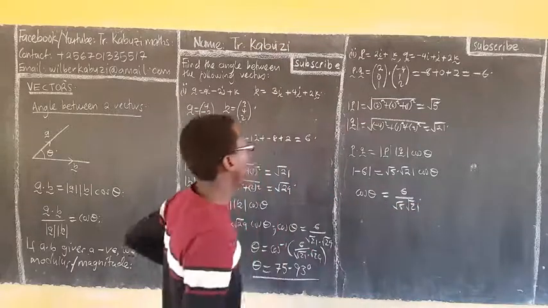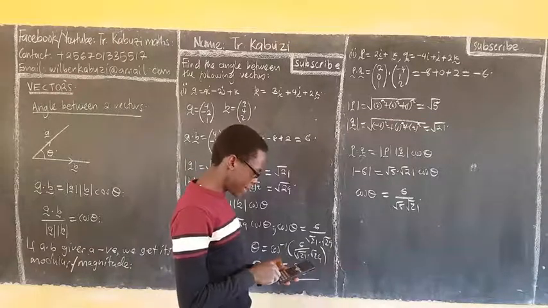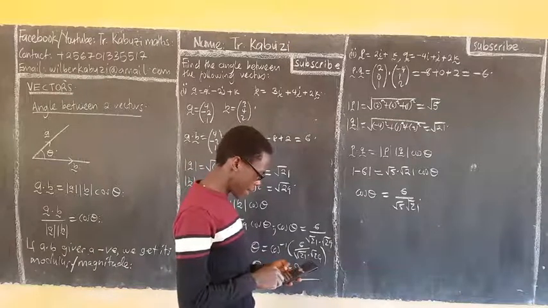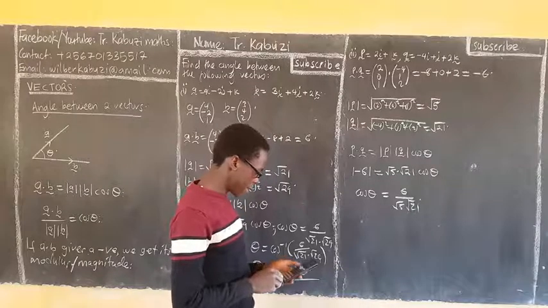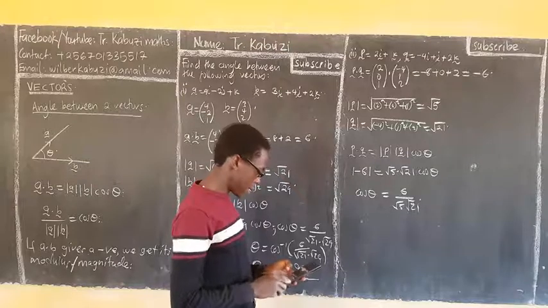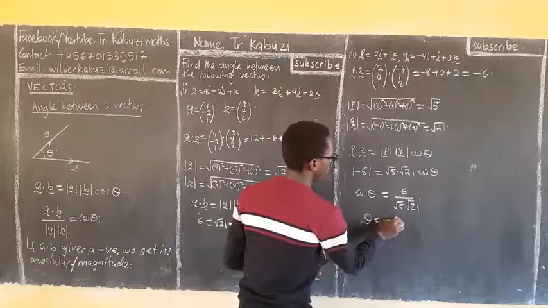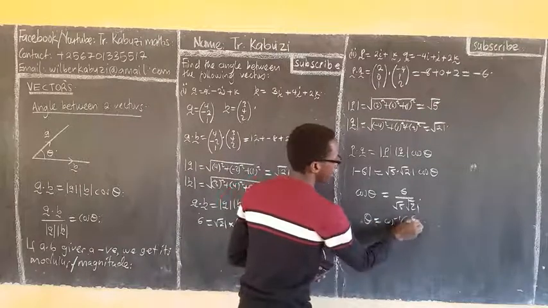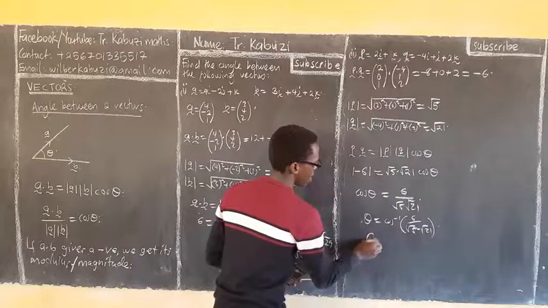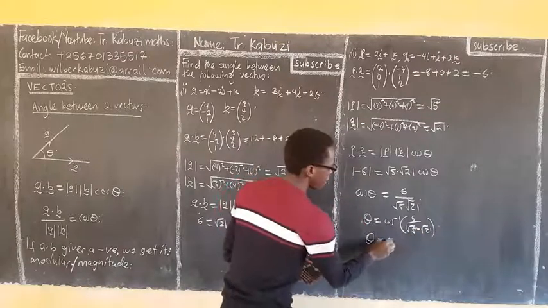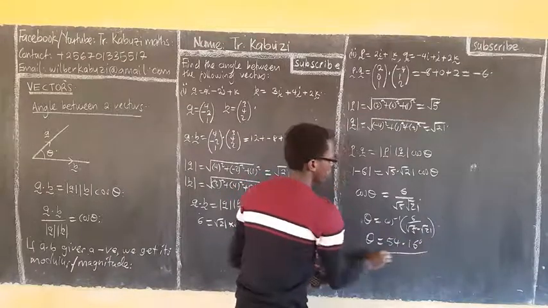From there, all we do is press that on the calculator. The answer I'm having is that theta is cos inverse of 6 over root 5 times root 21, which is 54.16 degrees to 2 decimal places.